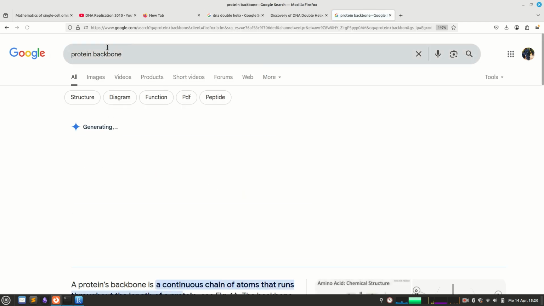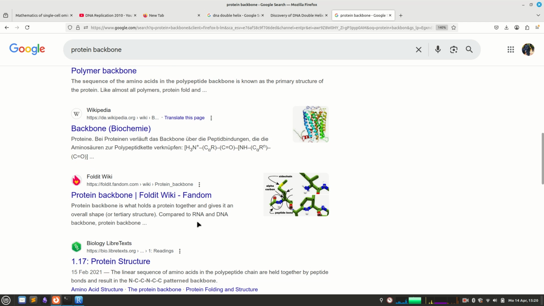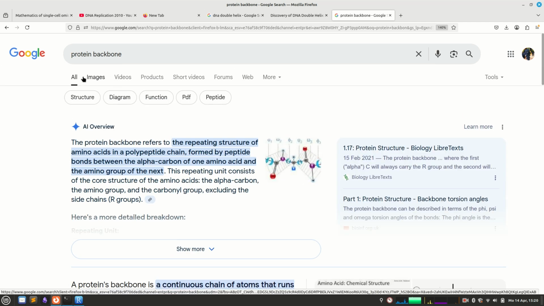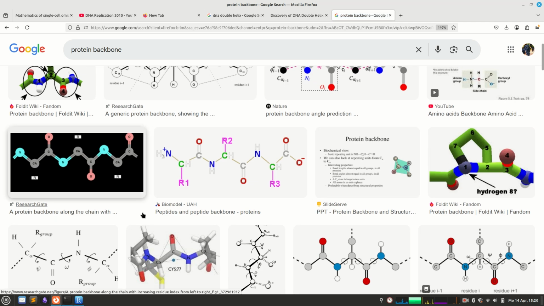See how we get here a picture, where you can see that you have these individual components called the amino acids, which are here the purple things, which are connected to each other with these so-called peptide bonds, which is always a carbon, nitrogen, another carbon, and here an oxygen.